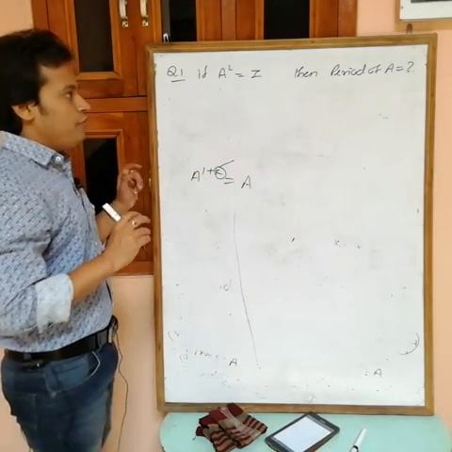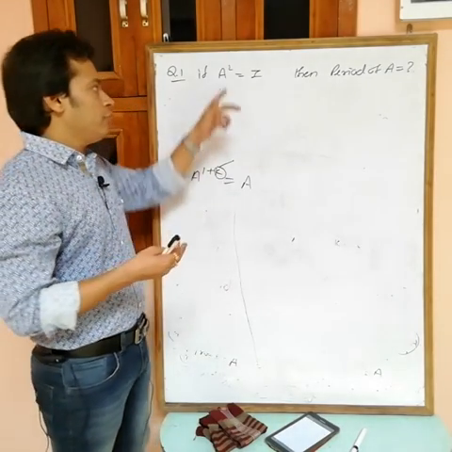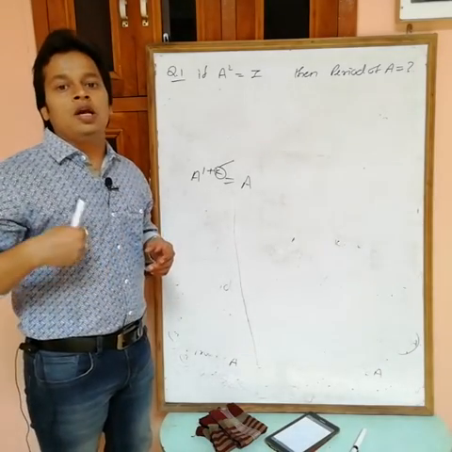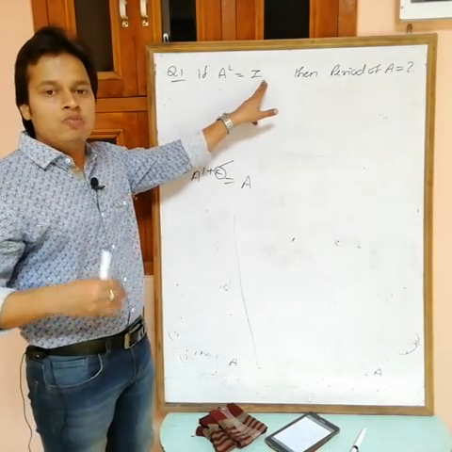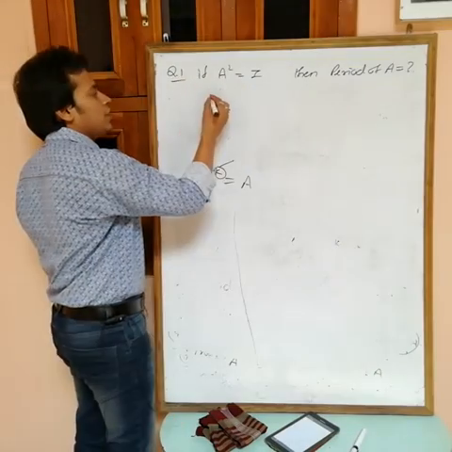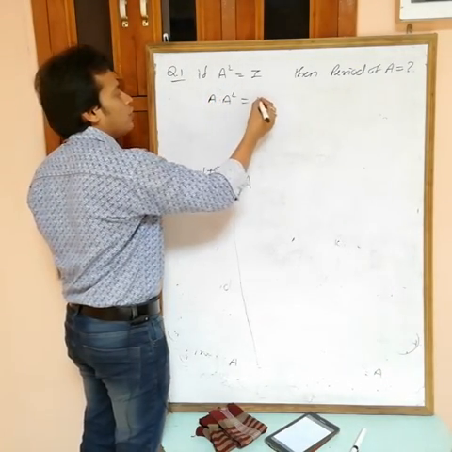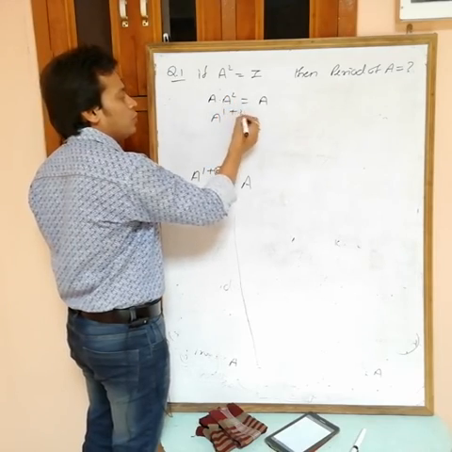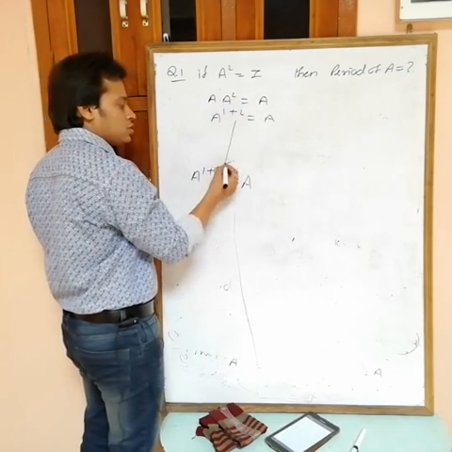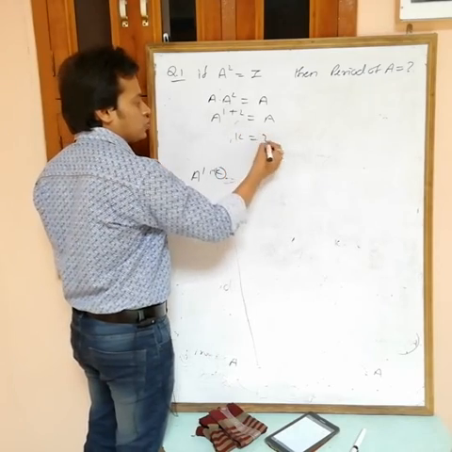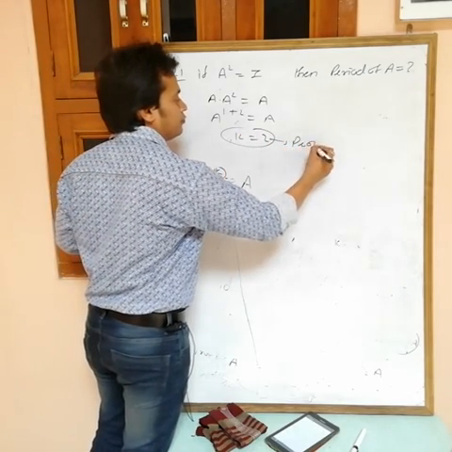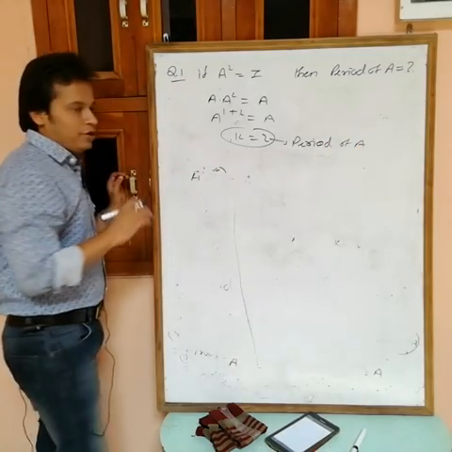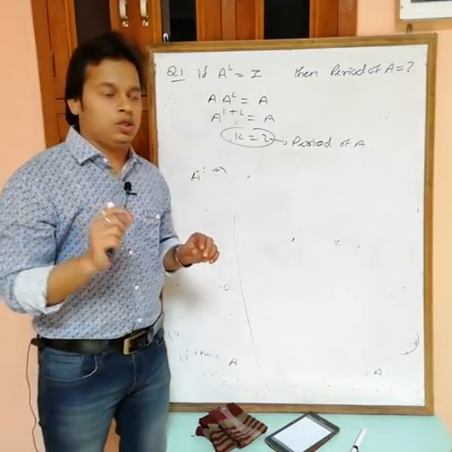So if you want the period of A, then you have to convert this equation in this form, A power 1 plus k equals A. At this side we want A, so multiply with A. If you multiply with A, then A into A square equals A into I, which is A. Then A power 3, it means 1 plus 2, equals A. Then k is 2, okay, k equals 2, and this 2 is the period of A. So the period of this one is 2, not 1, okay?